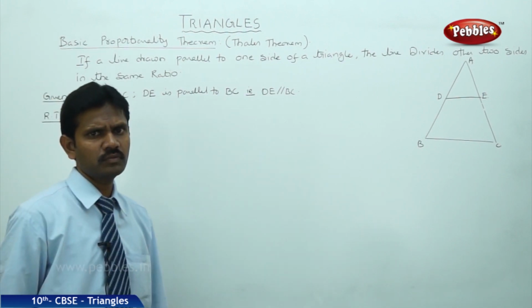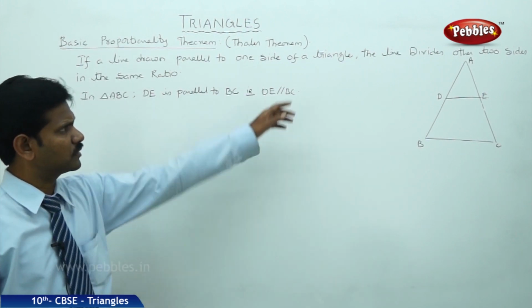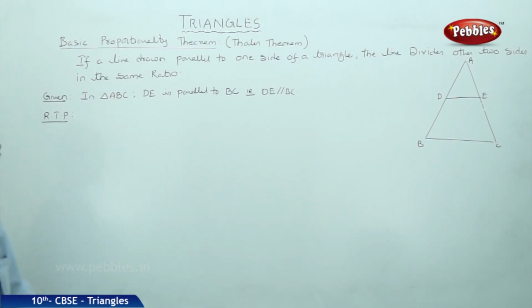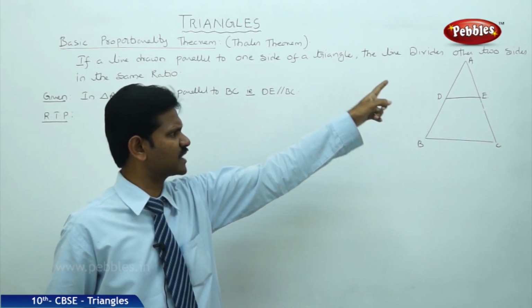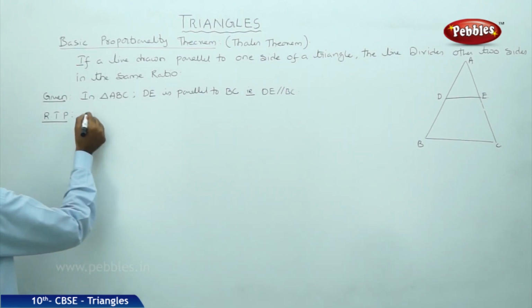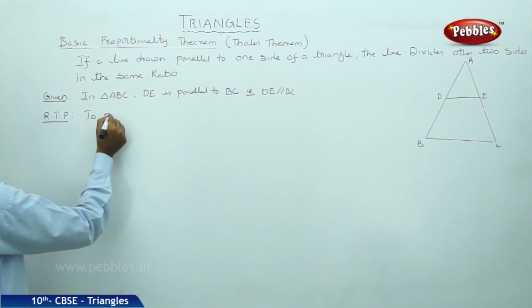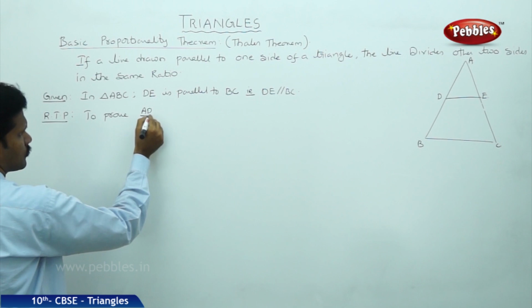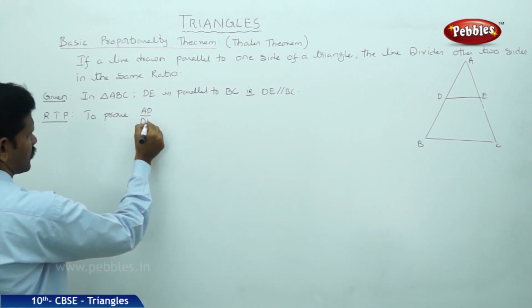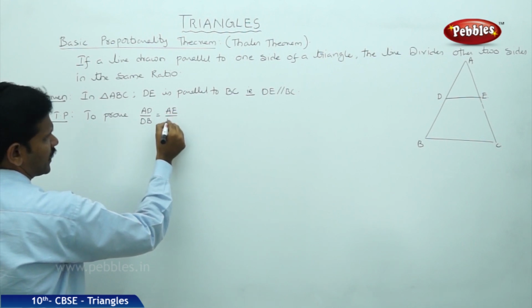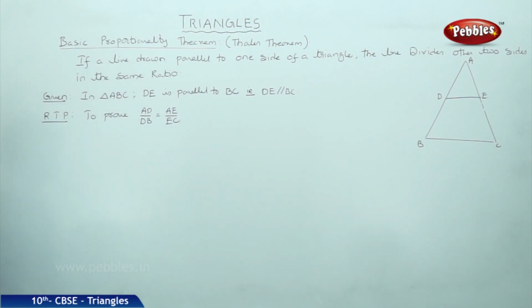What we have to prove in this session? The line divides the other two sides in the same ratio. That is, the line DE divides AB and AC in the same ratio. That is, to prove AD by DB is equal to AE by EC.